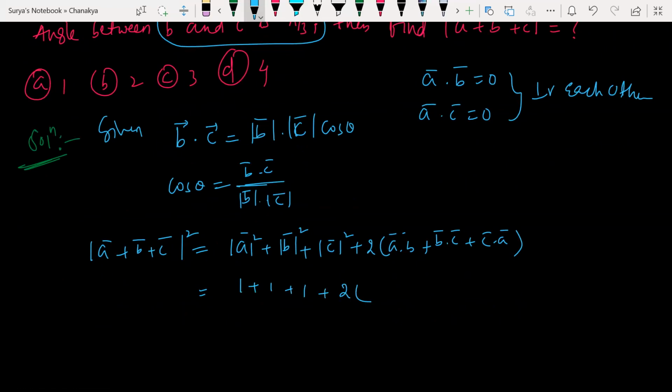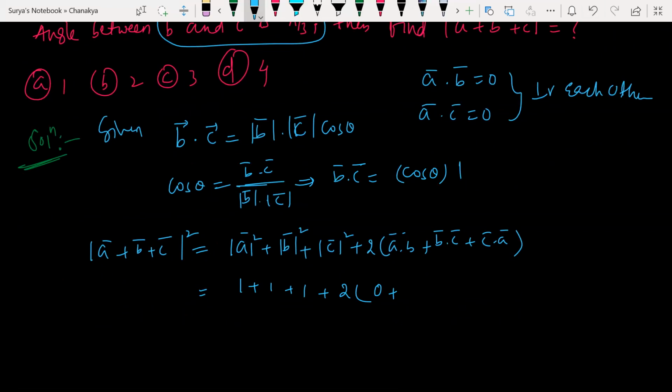So 2 times of A dot B is 0, plus B dot C. How can I find B dot C? B dot C is equal to cos theta into magnitude of B into magnitude of C. Are you able to understand what I'm trying to say?